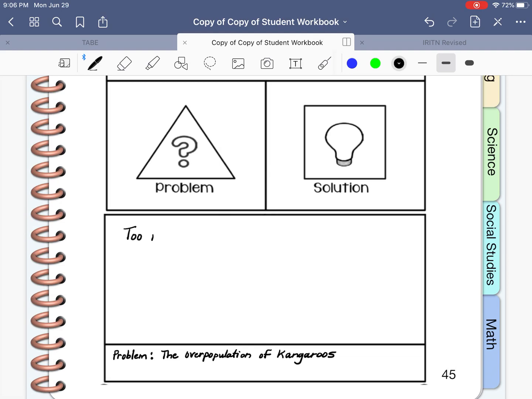Too many kangaroos are causing harm to other species that are endangered.